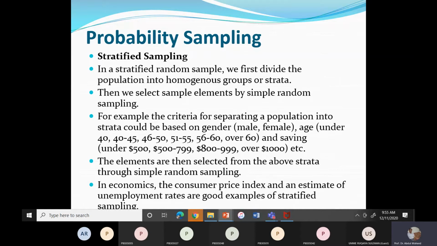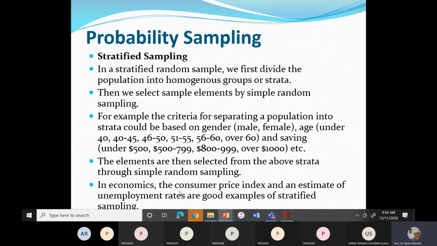So first we divide the population into these two homogeneous groups, and then using simple random sampling we get the data. So it would be stratified sampling. There could be other strata, like age groups or income groups. Each group would be a stratum, and then we can get data from each group using simple random sampling.